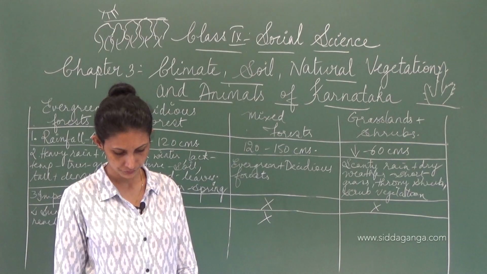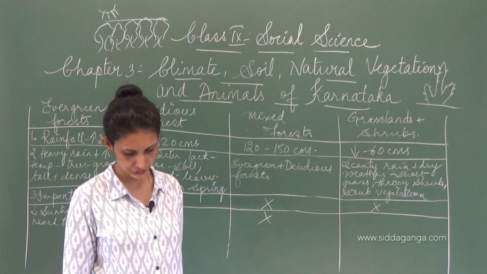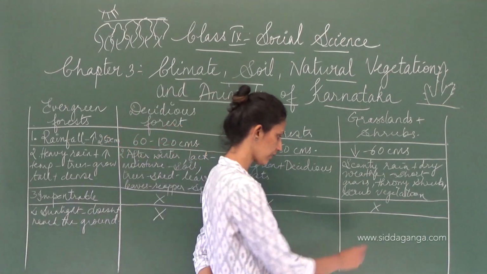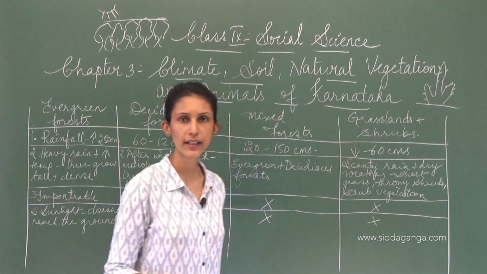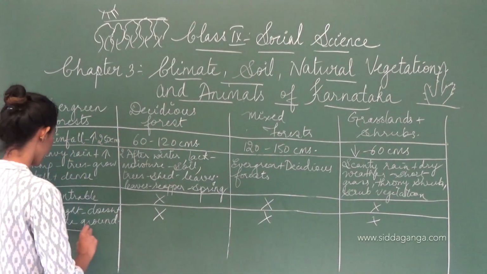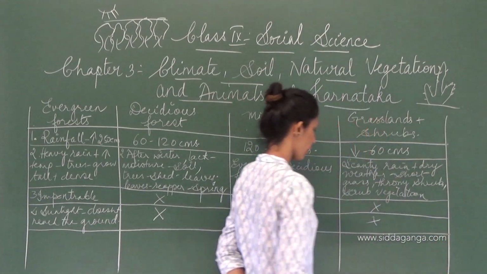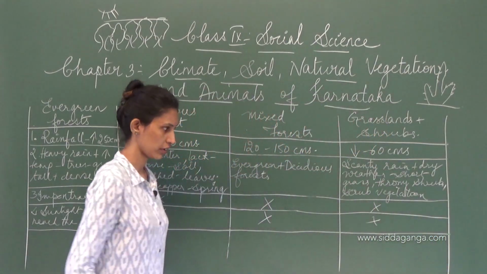Then your grasslands and shrubs also have nothing on sunlight. Again X mark. Easy, right? You can omit that statement. So this forms the fourth point.